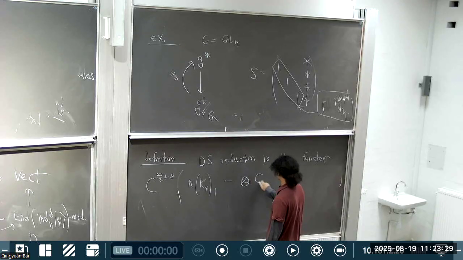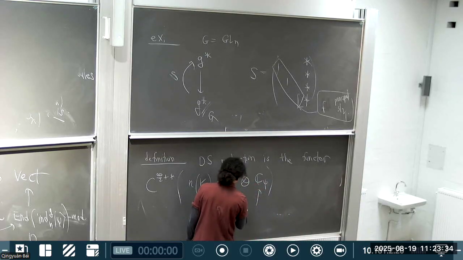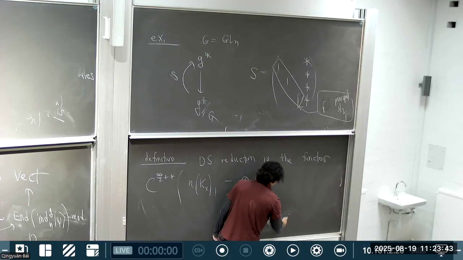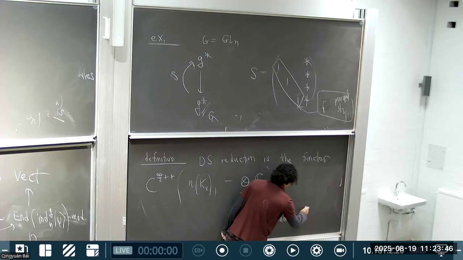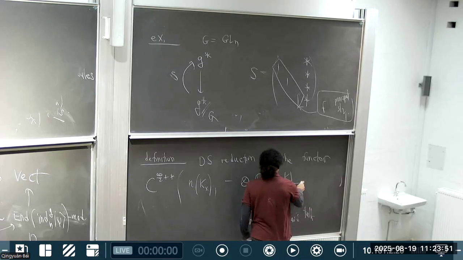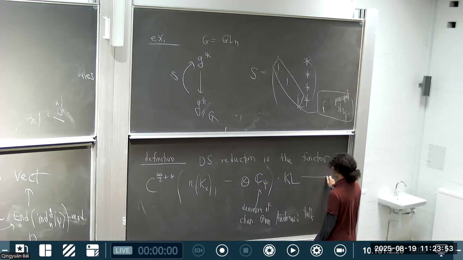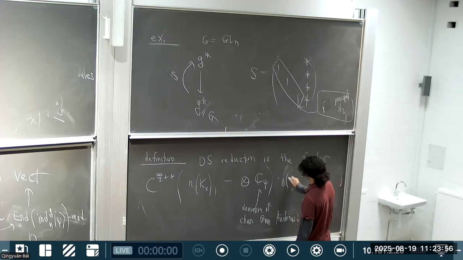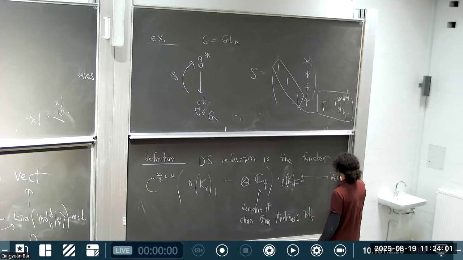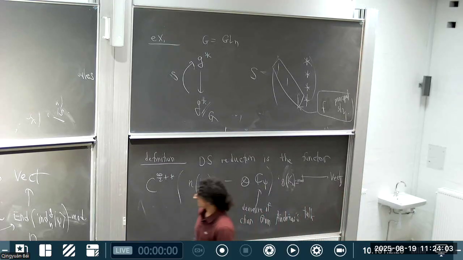And now, this is the derivative of the character from Andreas's talk. So this is some functor, let's say, you don't even have to start with KL, you can start with just any Kac-Moody modules. And it cuts them down to produce a vector space.